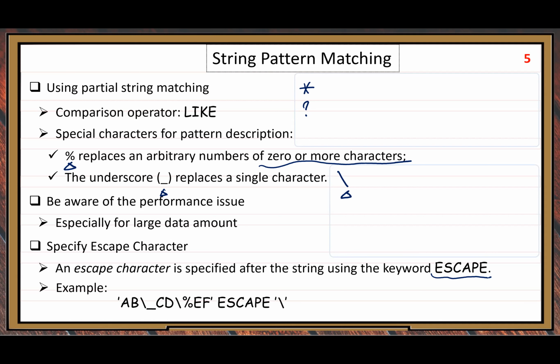AB, after that, remember the underscore represents a single-character pattern, but here you want to represent AB underscore CD, with a literal underscore. You want to display the literal underscore, so you want to escape it to get its original, literal meaning.